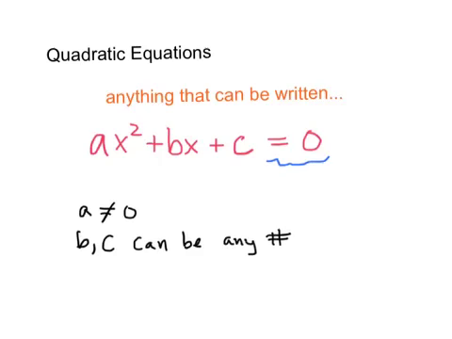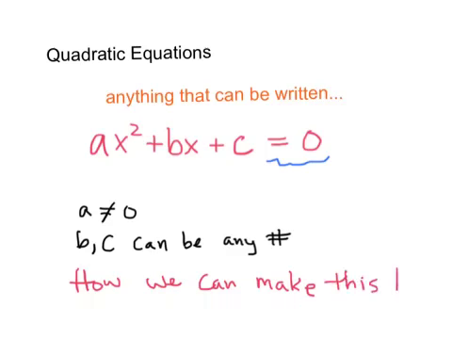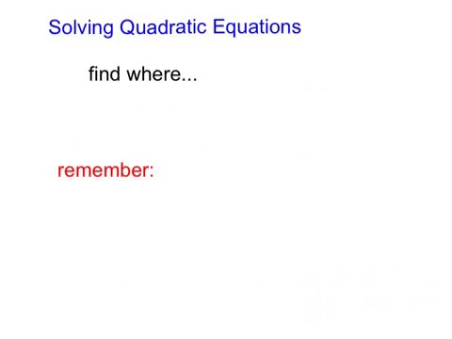And so basically what we're going to look at is how we can make this true. So how can we make this equation ax squared plus bx plus c equals 0 true? And the way that we do that is that we solve it.